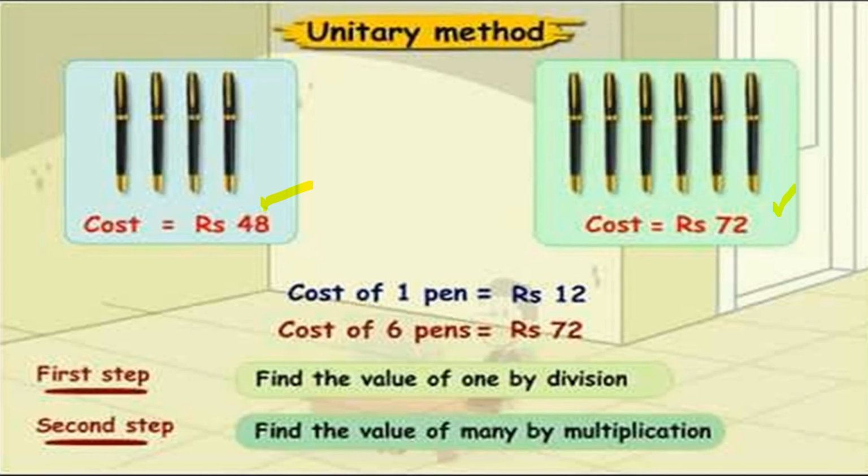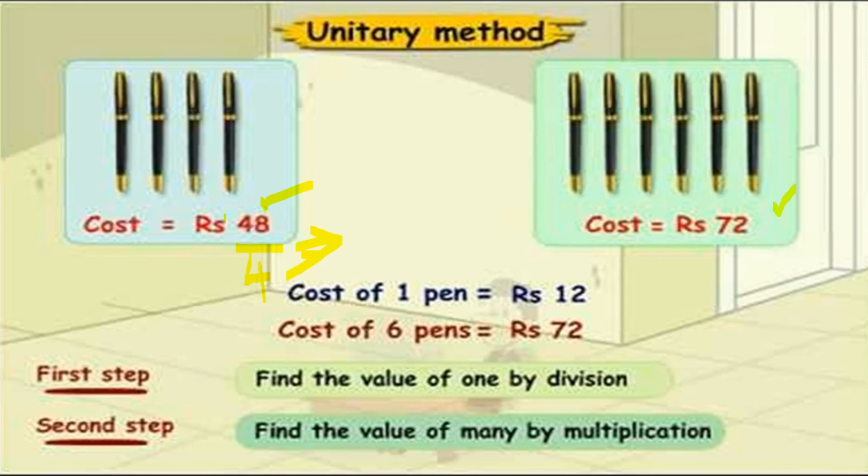See, find the value of one by division, and find the value of many by multiplication. First I found the value. How many pens are given here? 4 pens. We want to find only 1 pen, which means the cost of 4 pens is 48. So what is the cost of 1 pen? You will find the answer 12.